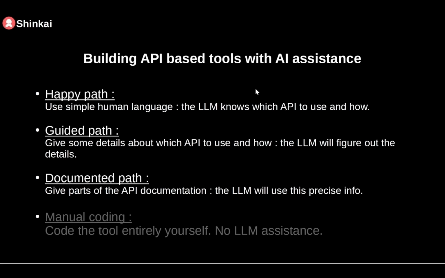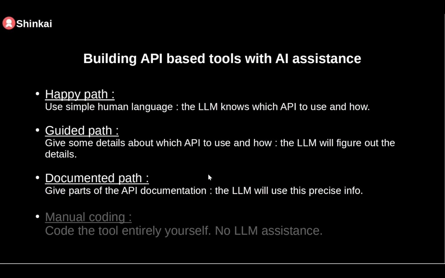Maybe it had the documentation of the API, so you just describe in very simple language what you want to do, and the LLM is just going to make a working tool because it knows about the API. A second path is to add a little bit of guidance. You're not sure the LLM is going to pick up on which API you really want to use and how exactly, so you just give it some guidance and it will figure out the rest.